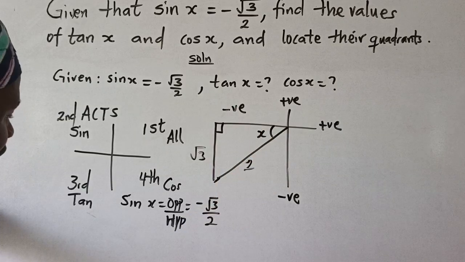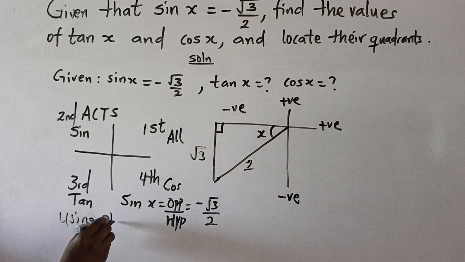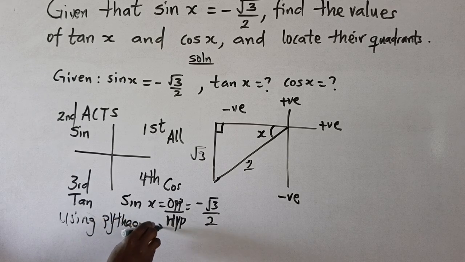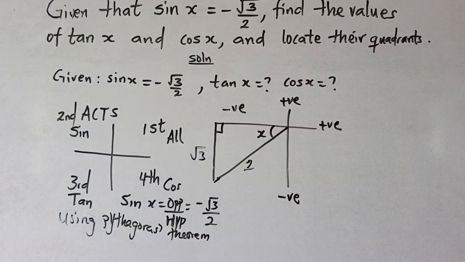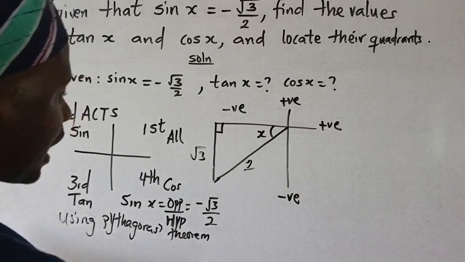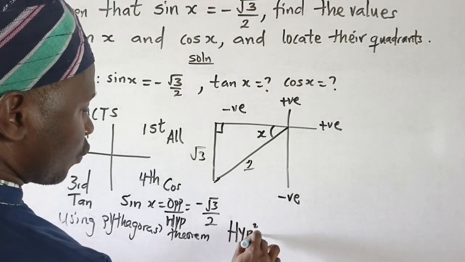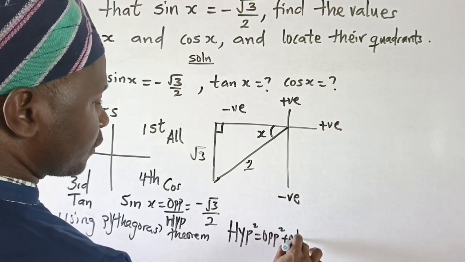So using Pythagoras theorem, the theorem says that the hypotenuse square equals opposite square plus adjacent square.